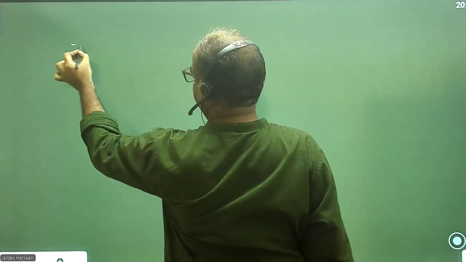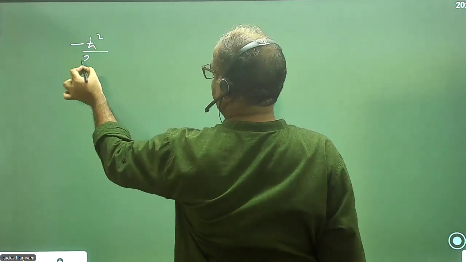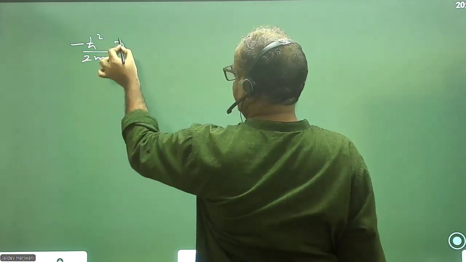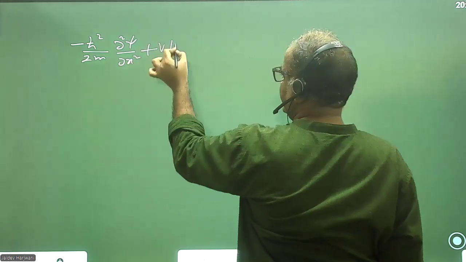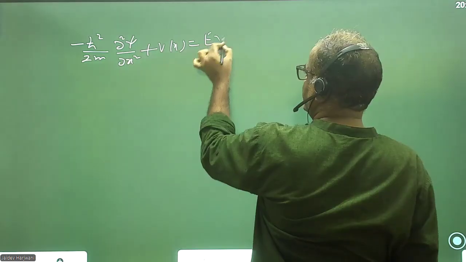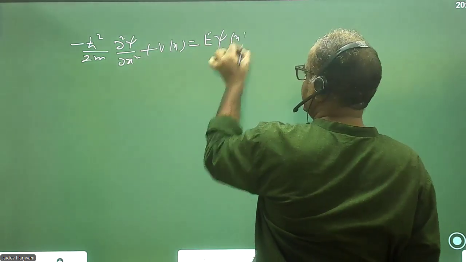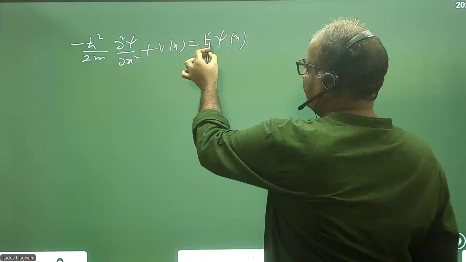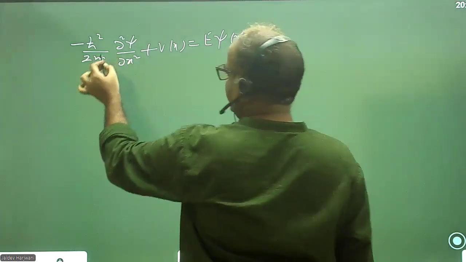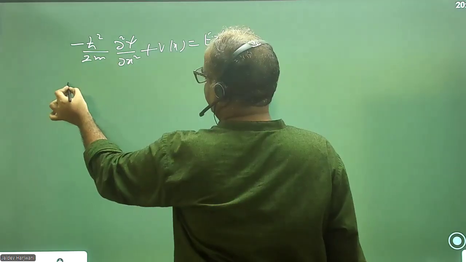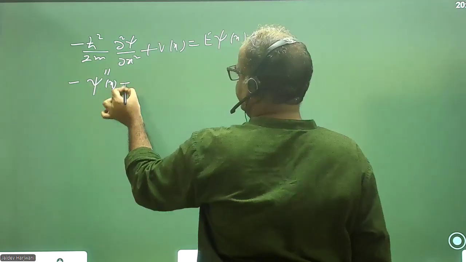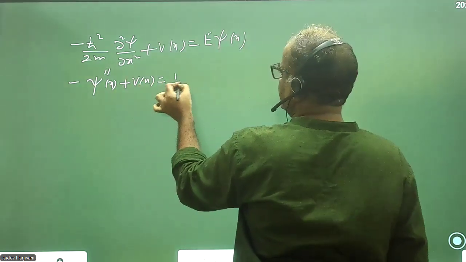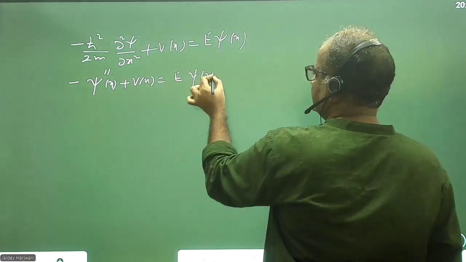Let us say my Schrodinger equation is minus h cut square upon 2m del 2 psi upon del x square plus Vx psi equal to E psi x. Eigenvalues are given for both cases, and h cut is 1, m is half, so my Schrodinger equation becomes minus psi double dash x plus Vx psi x equal to E psi x.